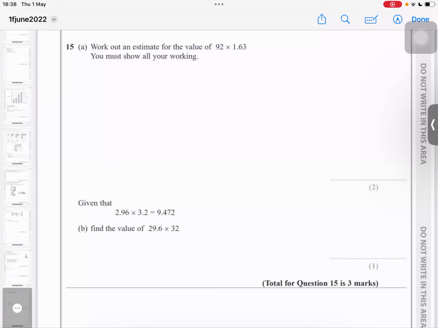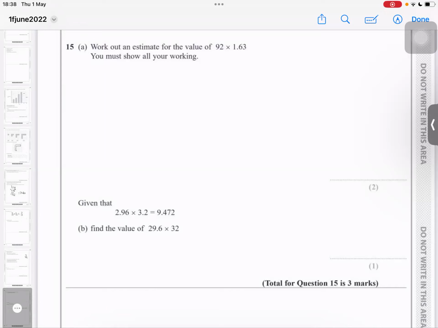Just move the decimal around. Good. Yes, we're going to move the decimal around, but you have to be careful about how you move it. Now, let's look at 2.96. For 2.96 to become 29.6, the decimal point moved one place to the right, isn't it? Yes.